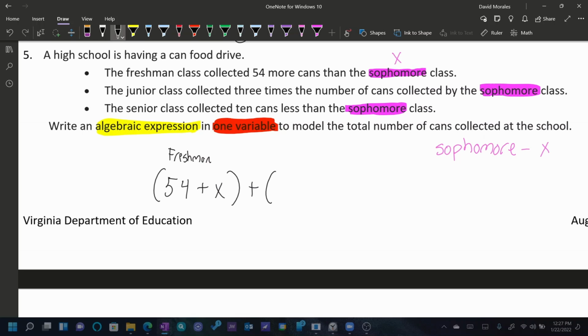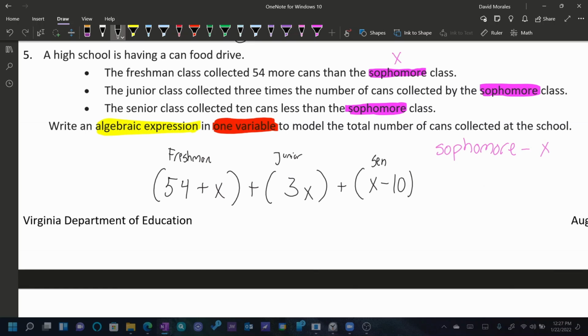Our junior class is 3 times our sophomore, so this is our junior class. Plus our senior class is 10 less than. That's actually saying whatever the sophomore class has, 10 minus that, 10 less than that.